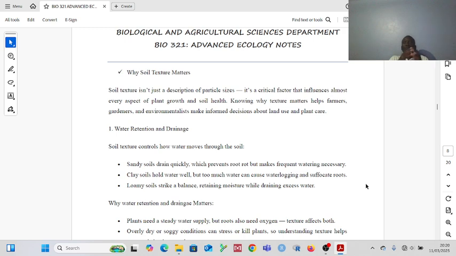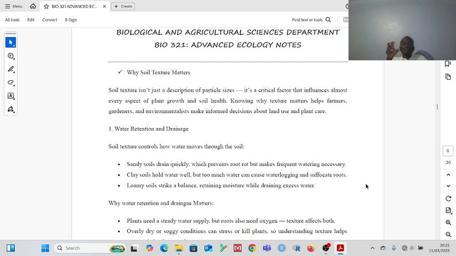Okay, so the importance of understanding soil texture comes in various ways. Understanding soil texture will give an indication of the water retention and drainage of that particular area.